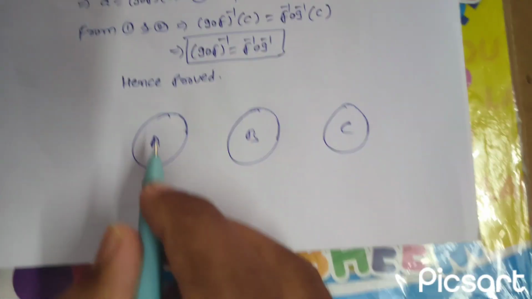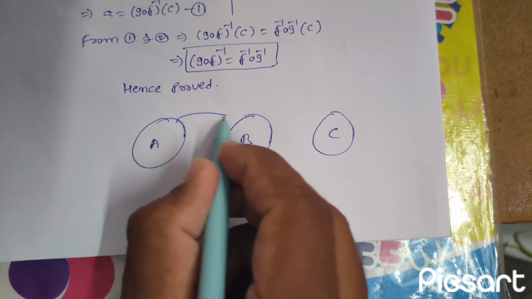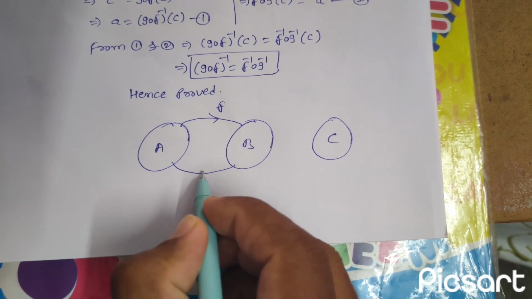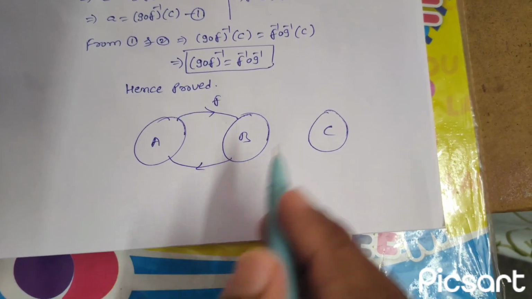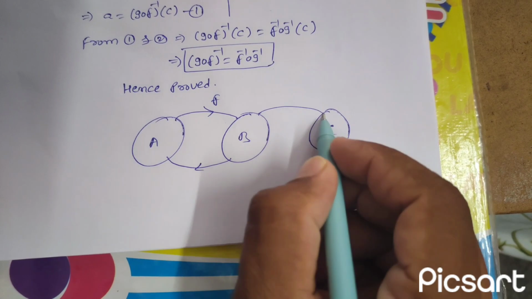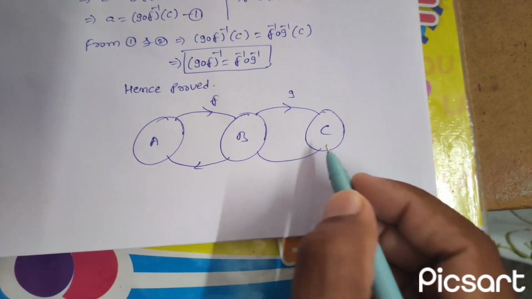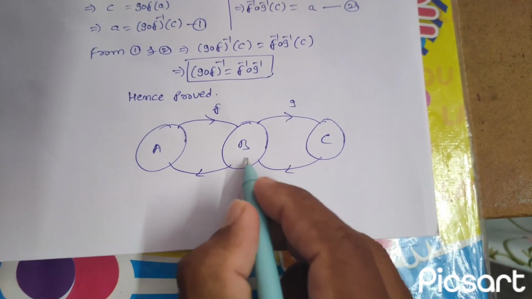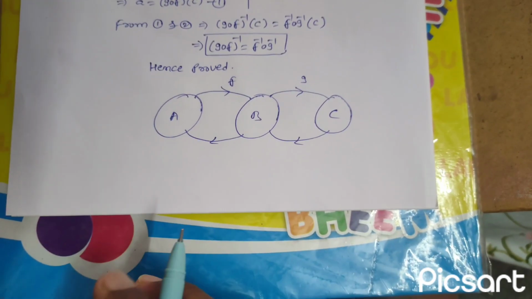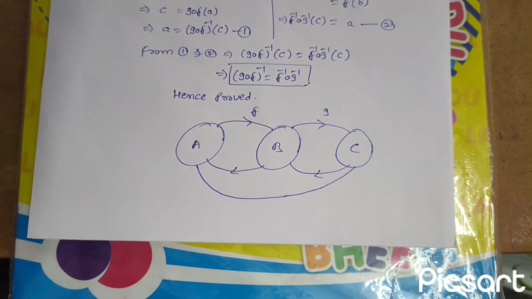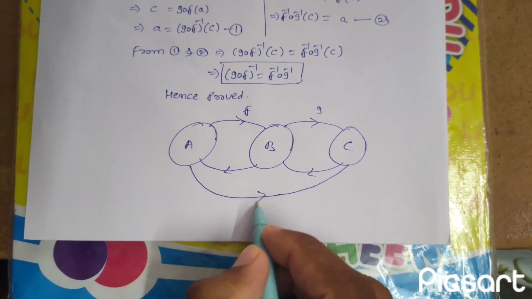So given f from A to B mapping is this one. f inverse mapping is B to A. And also g from B to C mapping is g from B to C. Here also g inverse mapping is C to B. Next, composite function g circle f. g circle f mapping is A to C.